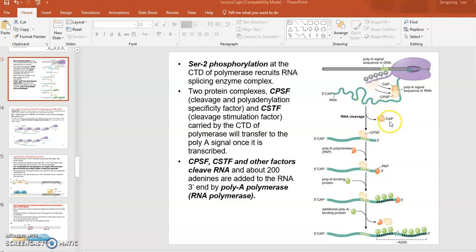And then the CSTF follows up. CPSF is recruiting poly-A polymerase enzyme. They can add extra A's, about 200 A's are added. So that's what is described here. Additional poly-A binding protein is involved in that as well. So it's the polyadenylation of your RNA transcript that's described here.